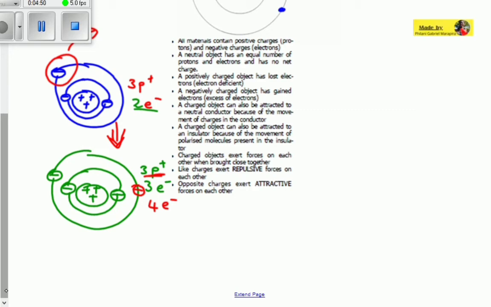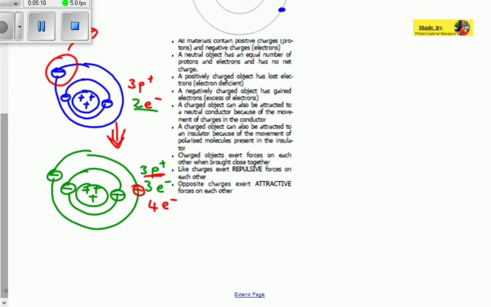A charged object can also be attracted to a neutral conductor because of the movement of charges in the conductor. If we've got a conductor with moving charges in it, we can take a charged object, either negatively charged or positively charged.